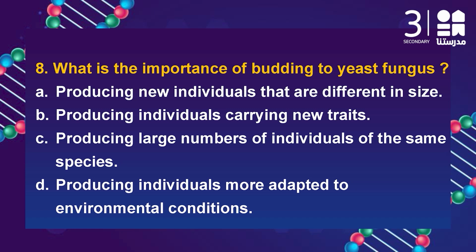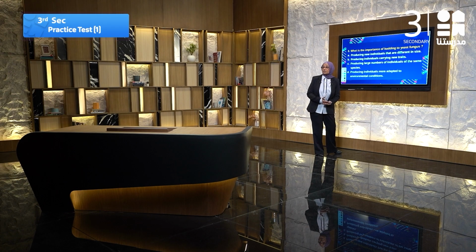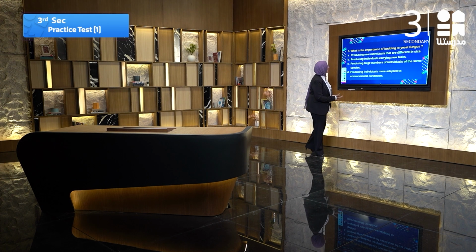The eighth question is about fungi. Yeast fungus. Which one is not considered about yeast fungus? What is the importance of budding to yeast fungus? Here, the yeast fungus will be reproduced. How will the yeast fungus be reproduced?